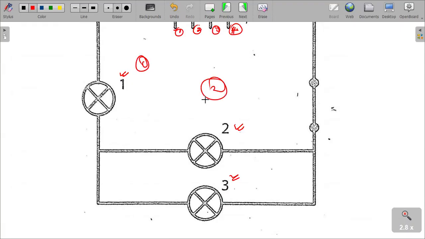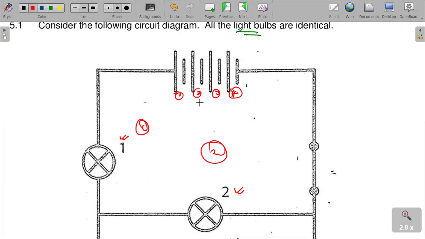So what we need to say is that the current through light bulb 1 is higher than the current through light bulb 2. The current through light bulb 1 is actually higher than the current in bulb 2. That is what we are seeing there, as you can see.